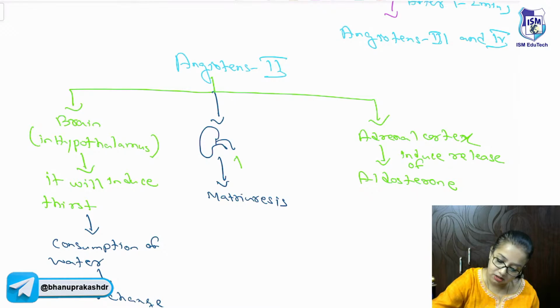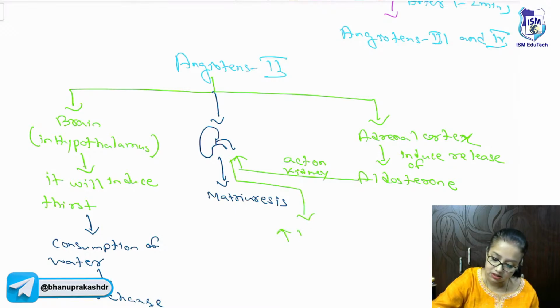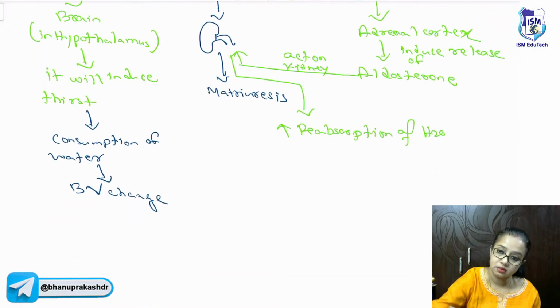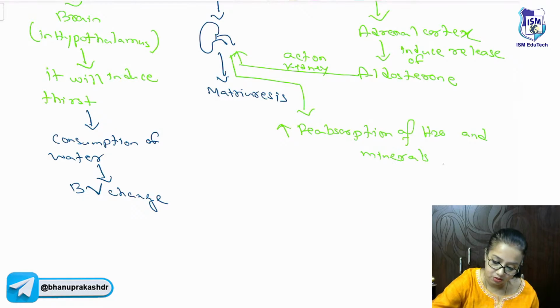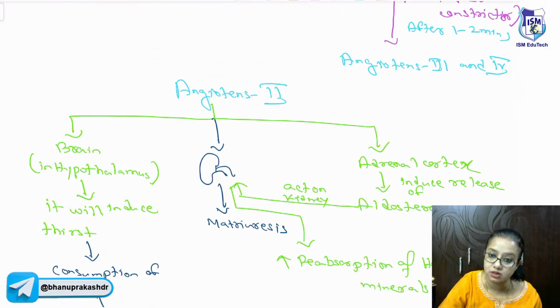Now this aldosterone will act on the renal system or kidneys, and it will increase the reabsorption of water and minerals. Okay, this is the function of angiotensin 2.